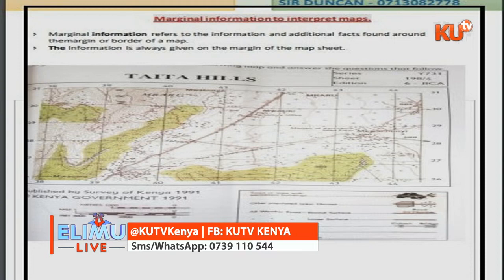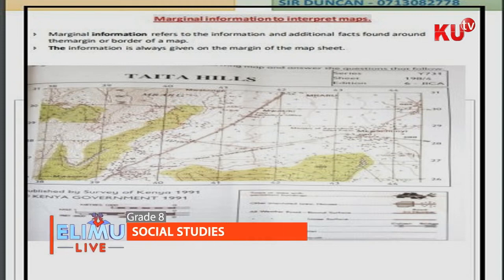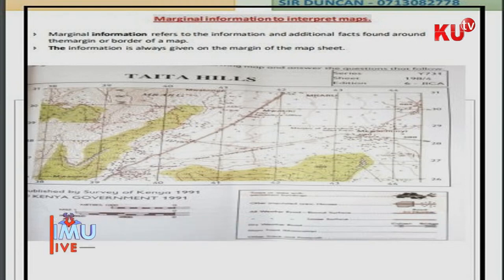As you can see on the screen, there is the map itself, then there is added information outside that map. The information is always given on the margin of the map sheet. What you can see on the screen is called the map sheet, and any information found outside it is called marginal information.